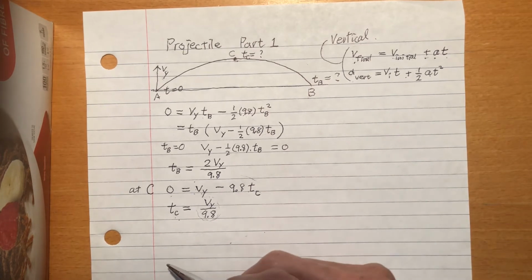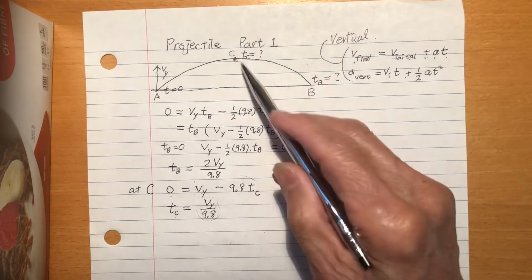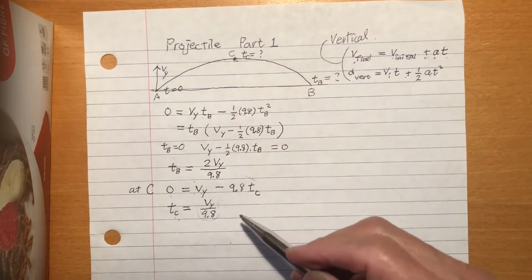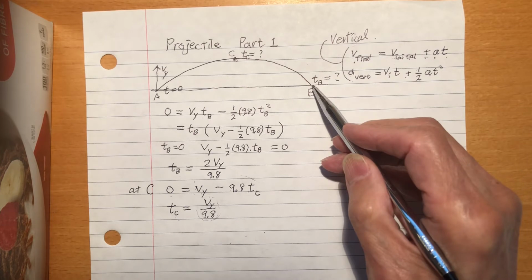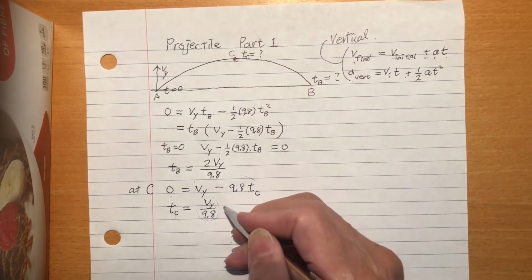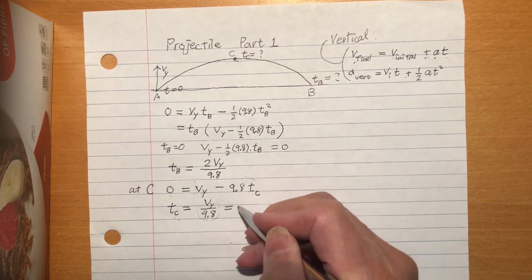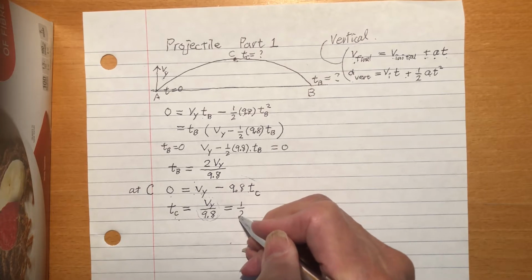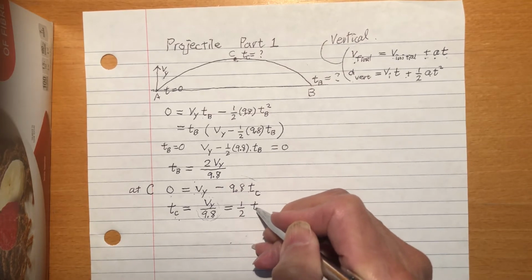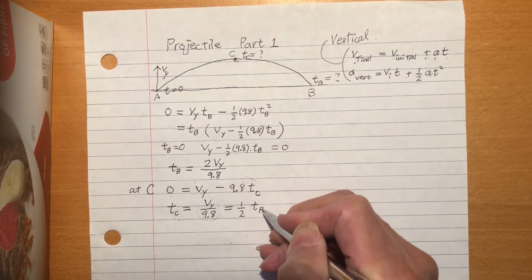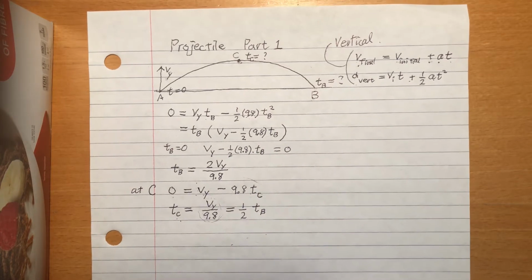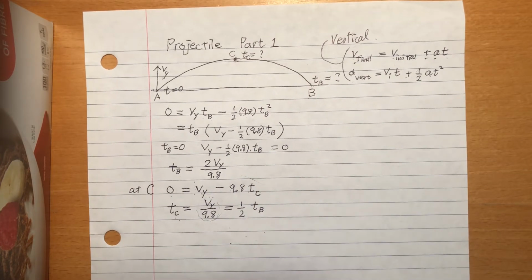Or we can say the time to reach C is half the time to reach B. So Tc is half the time to reach B. So far, so good. I think you follow me, right? Okay.